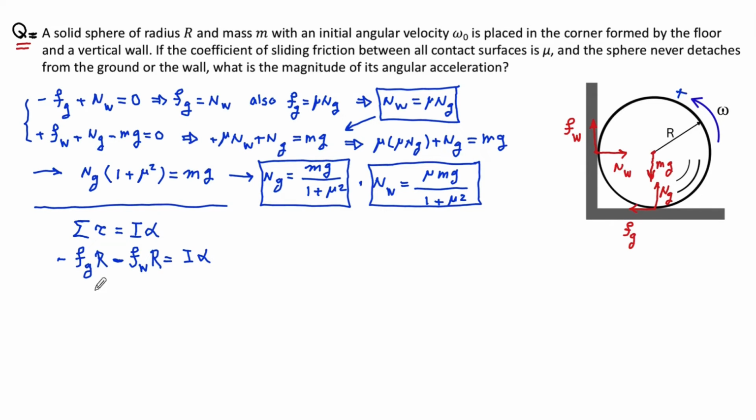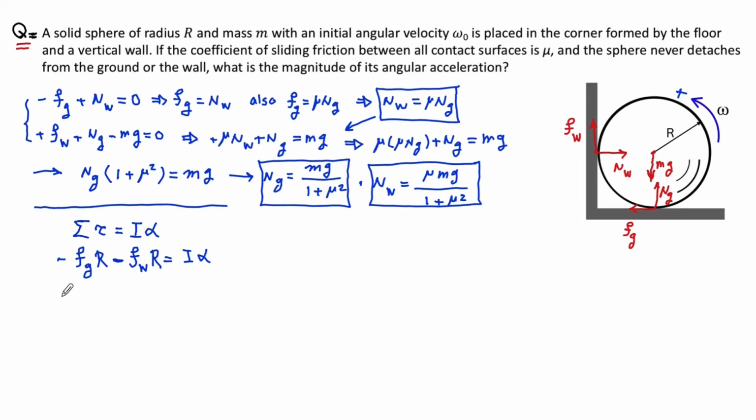Right? So we have Fg and Fw. Fg here we said is Nw, and Fw is mu Nw.